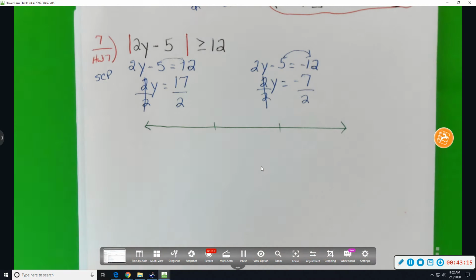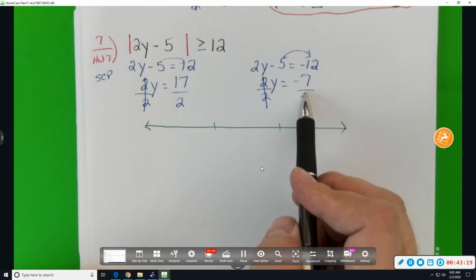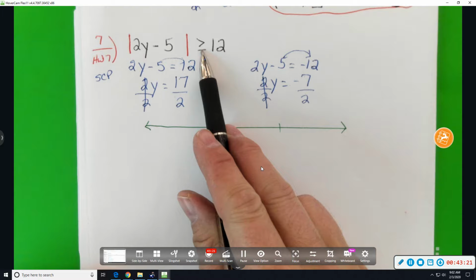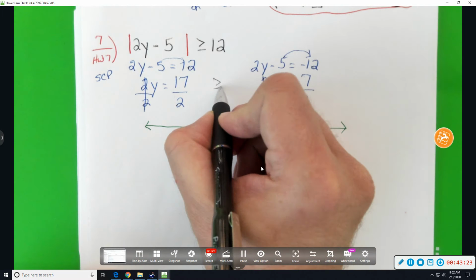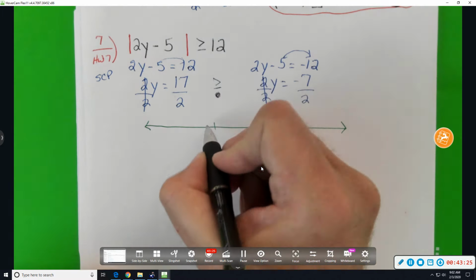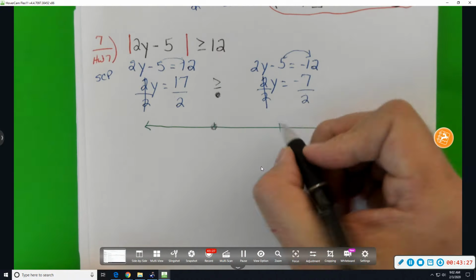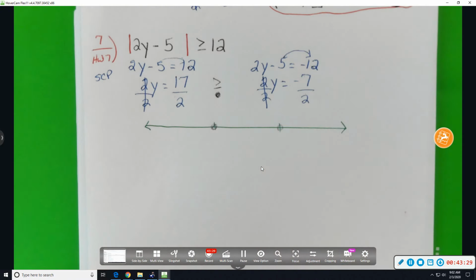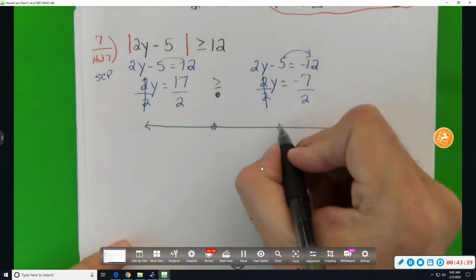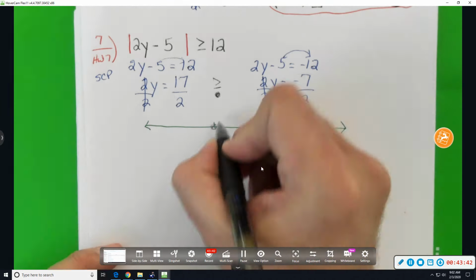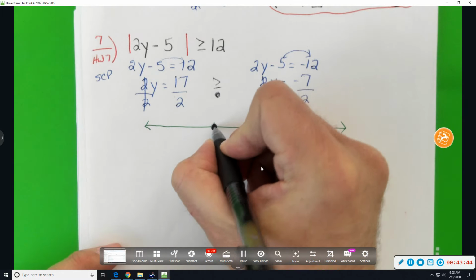And I haven't asked this, I should. Will there be an open or closed circle at these numbers? Closed. There's an equal sign on the symbol, so closed circle. Oh, my black pen is dead. Right here and here.